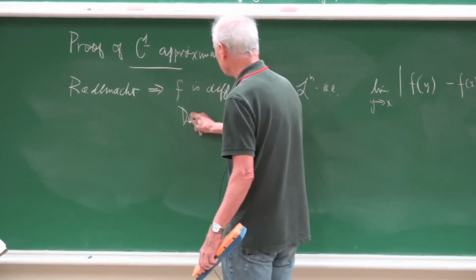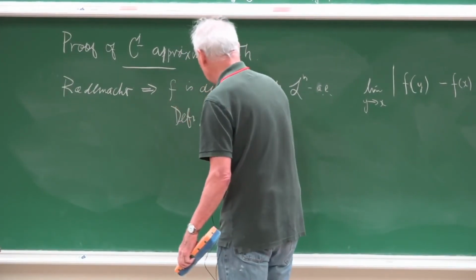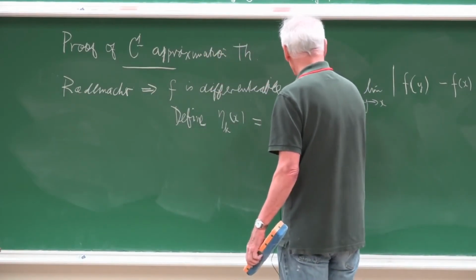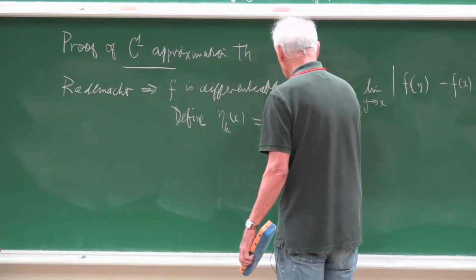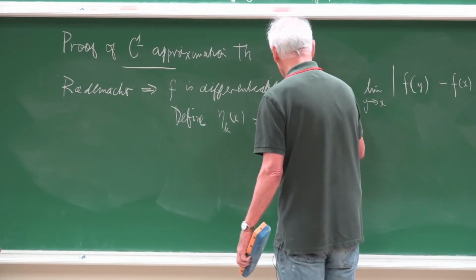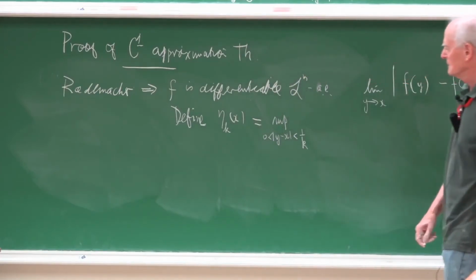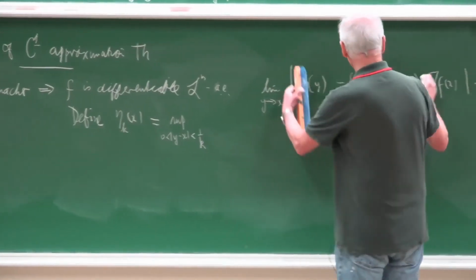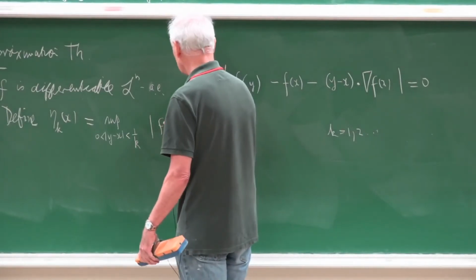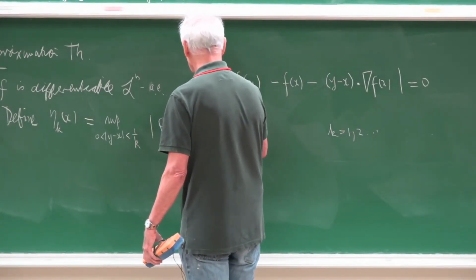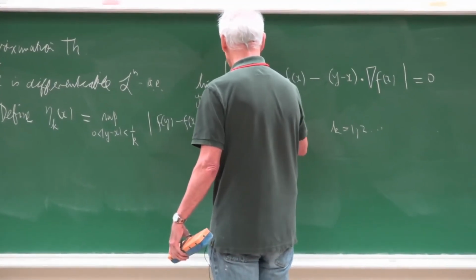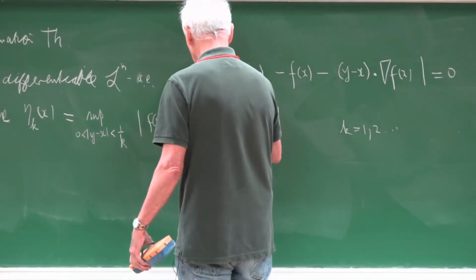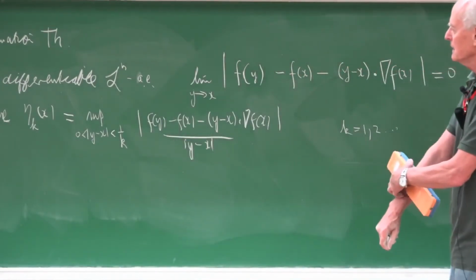So define eta sub k of x equals the sup over 0 less than mod y minus x less than 1 over k, for each integer k equals 1, 2, etc. We take this sup, and that means that eta k tends to 0.